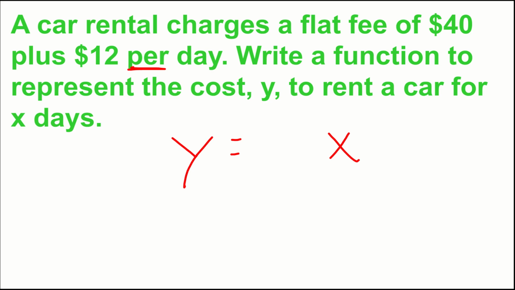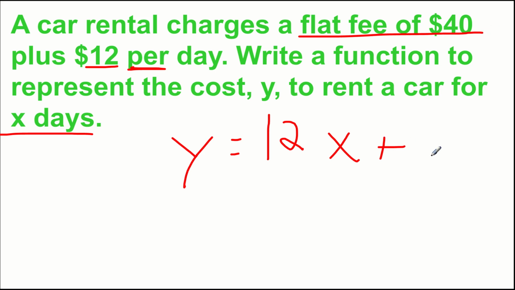Slope. So that's our slope. That means the 12 is our slope. When you see the word per, whatever comes after the per is going to be your x value. So it's per days. It tells you right here that's x days. Okay? Then we got a flat fee of $40. Well, flat fee I didn't put as one of the words, but flat fee. So that would be our equation.